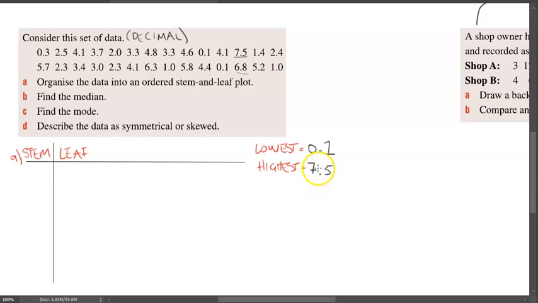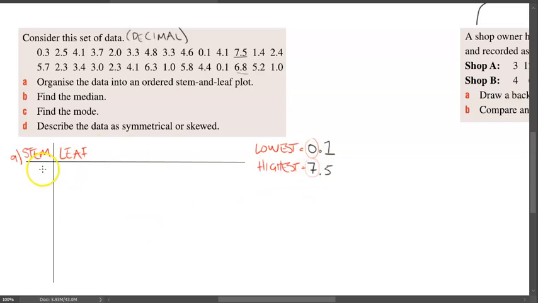Now I could just look at the solution, but I'm going to tackle this question just like you are. So I'm going to look for the lowest and the highest number. Specifically, we are going to look at the first digit of the lowest and the first digit of the highest. Don't worry about that decimal point for now. This 0 and this 7 are going to dictate our stem list.